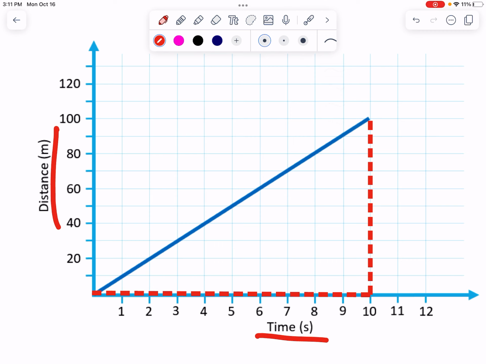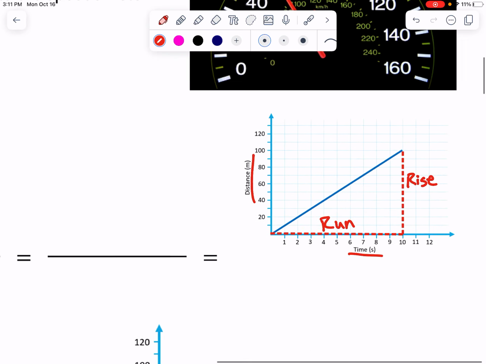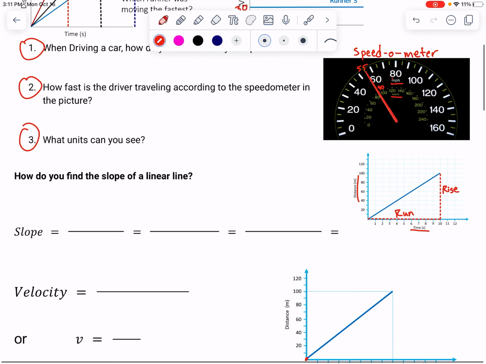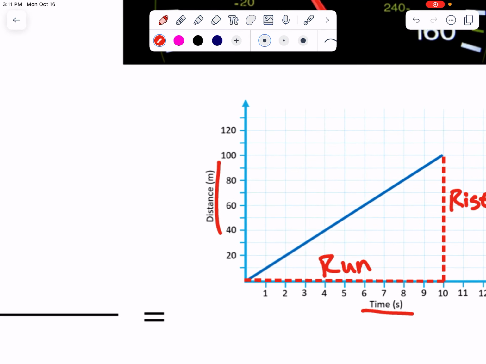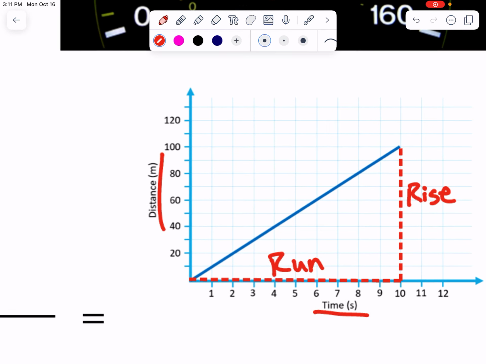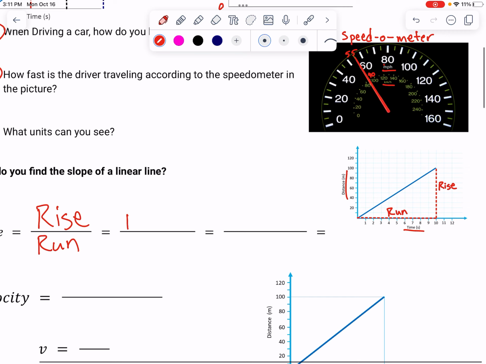We call this a rise and a run. If you remember from middle school math, to find the slope of any line, you take your change in the y, or the rise, and you divide it by the change in the x, or the run. In this case, what's rising or increasing is our distance.